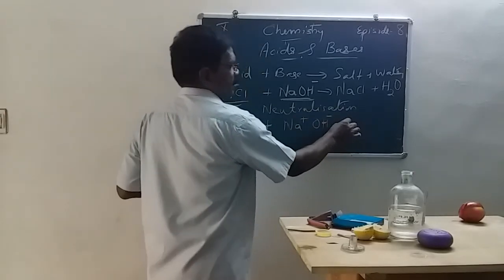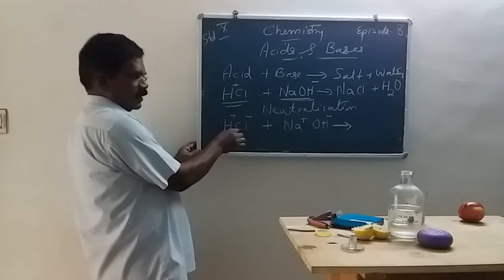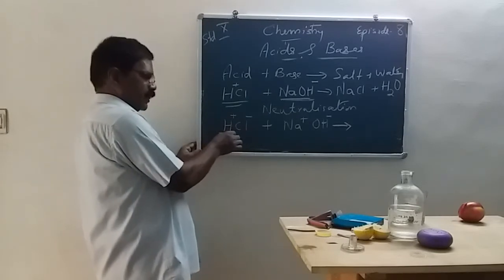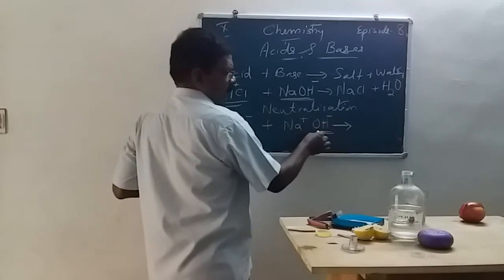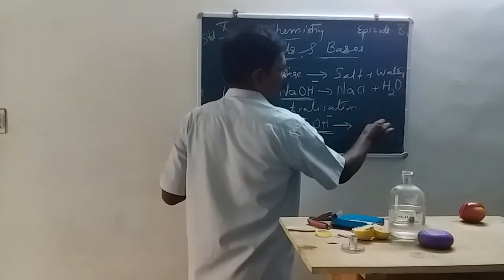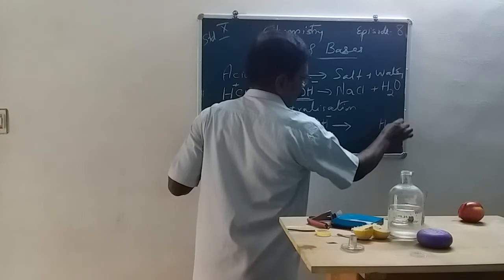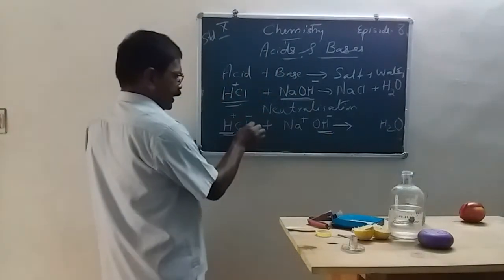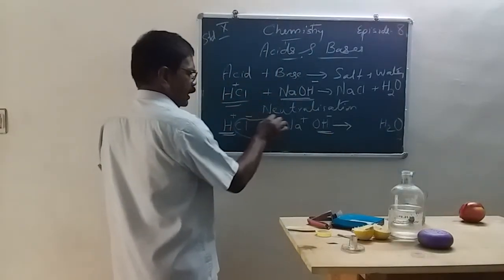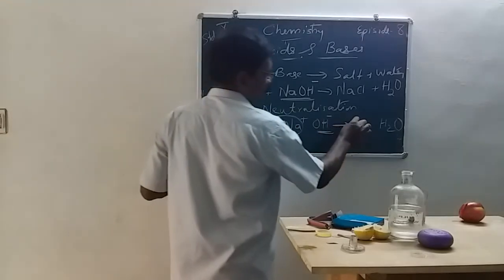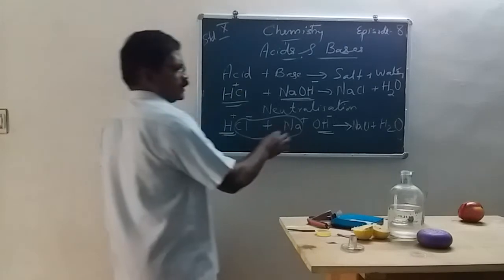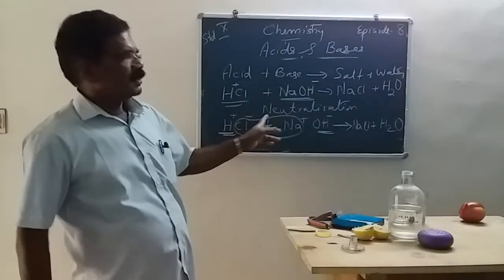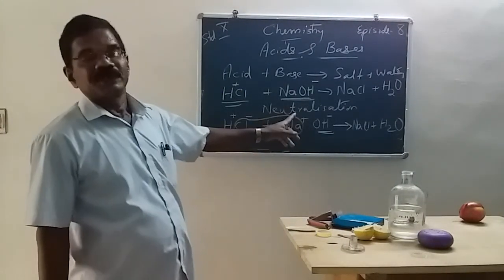The hydrogen ion of the HCl combines with the hydroxide ion of the base to form H2O, and the remaining ions, Cl and Na, combine to form NaCl, a salt. So this reaction is called neutralization.